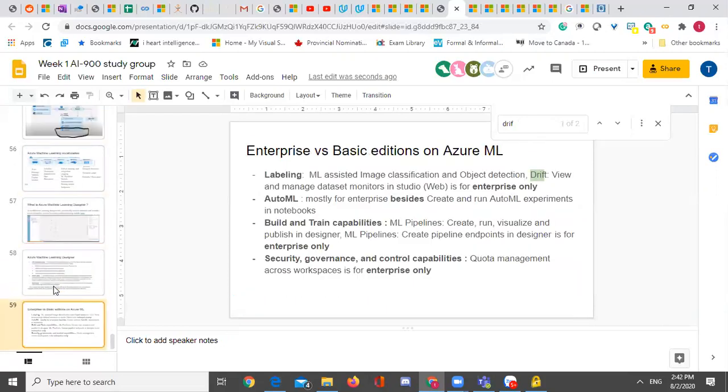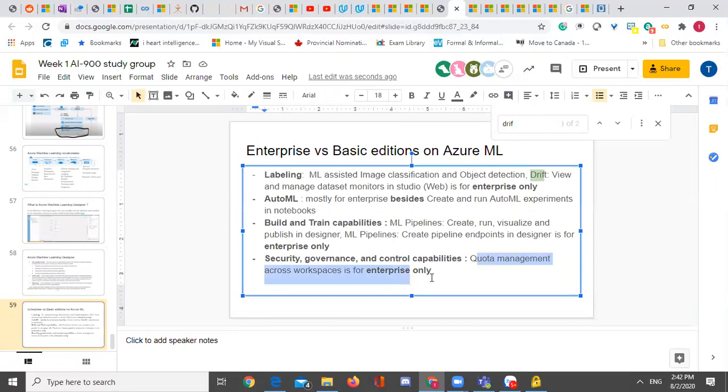So drift is for Enterprise. AutoML, mostly for Enterprise. Build and train capabilities, so machine learning pipelines is mostly for Enterprise. Security, most are free besides quota management, which is Enterprise only. So take a look at this just in case they have that module.